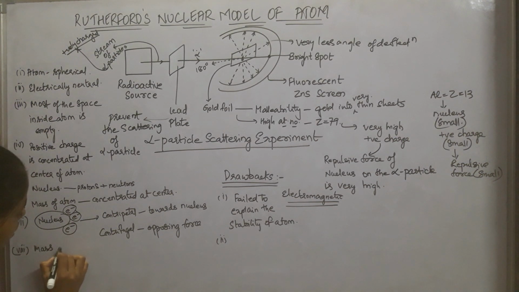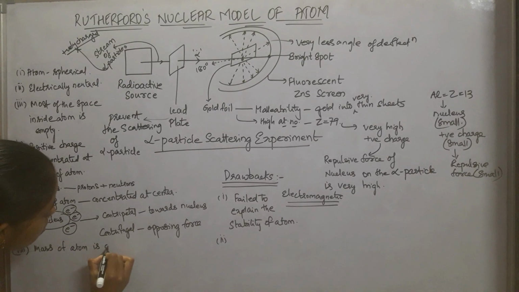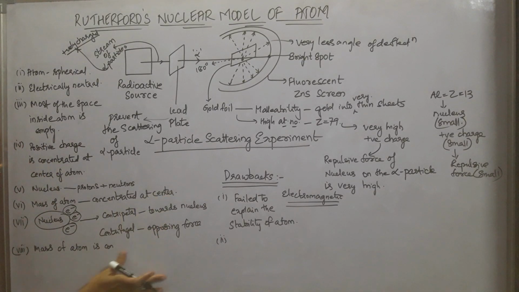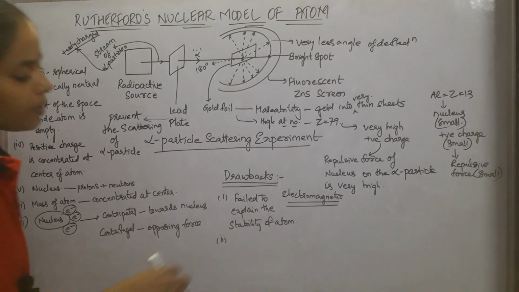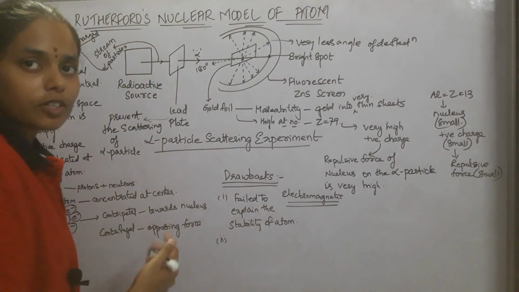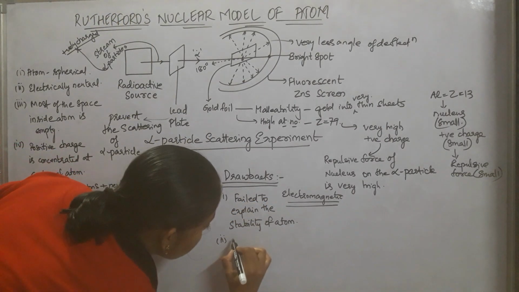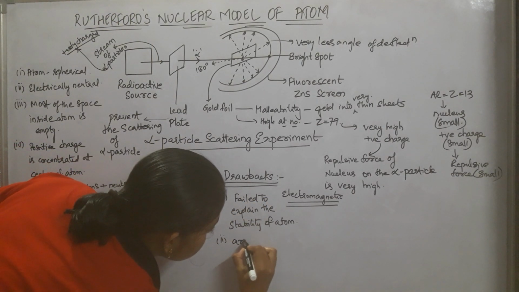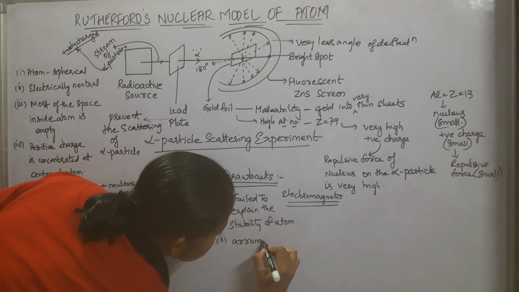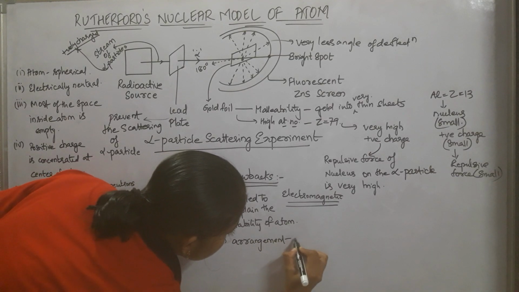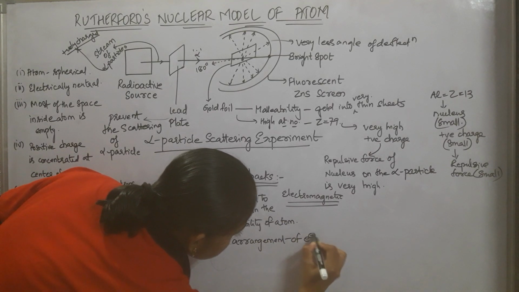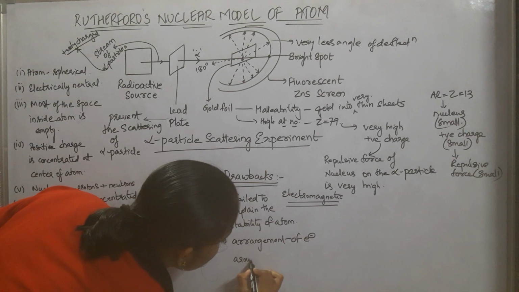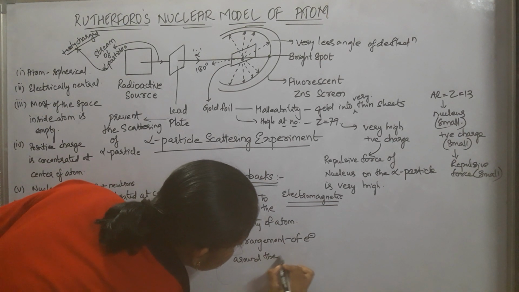We have already written that point, no need to write it again. So it failed to explain the stability of the atom, and couldn't explain the arrangement of electrons around the nucleus.